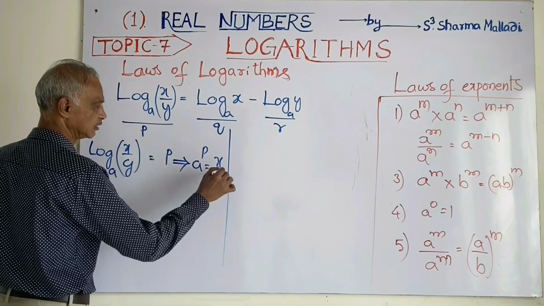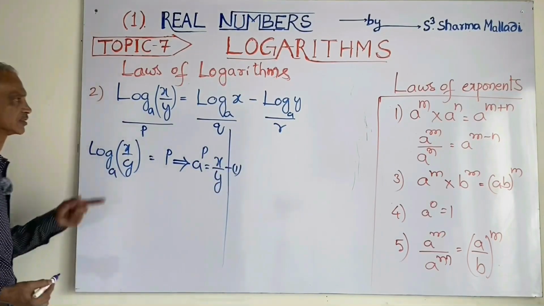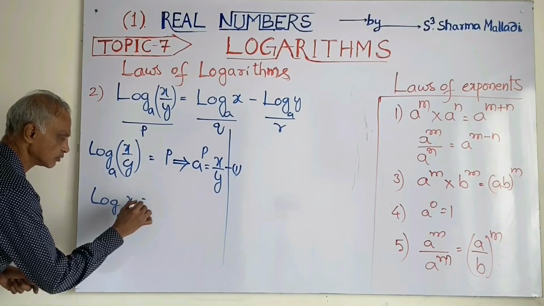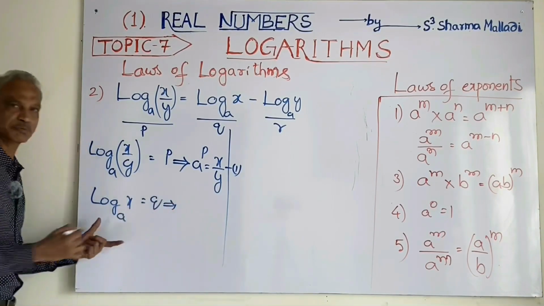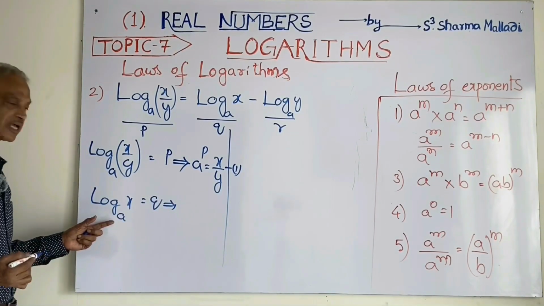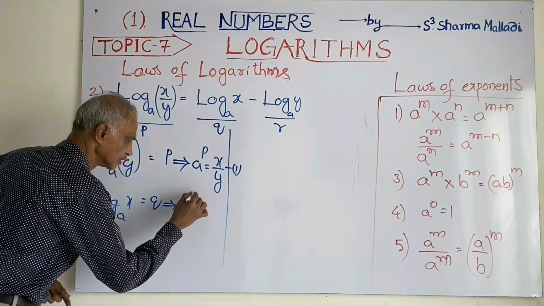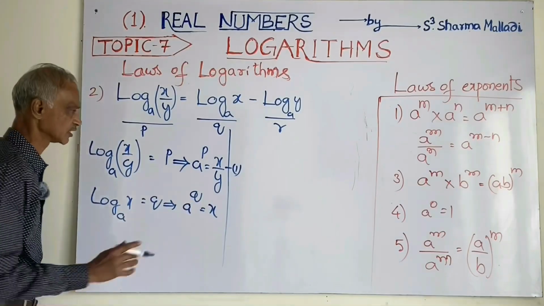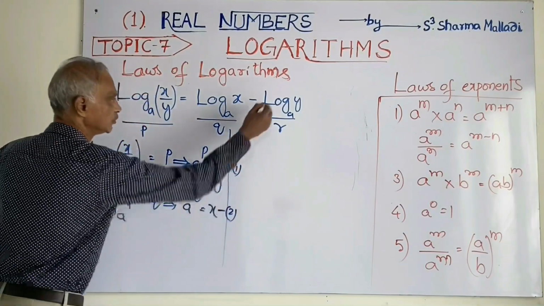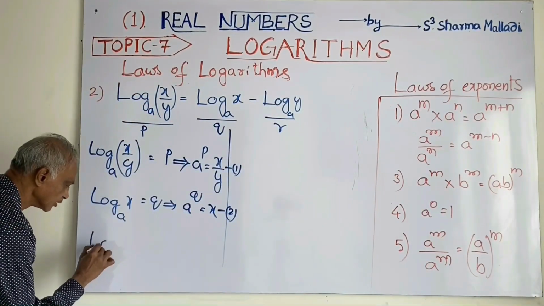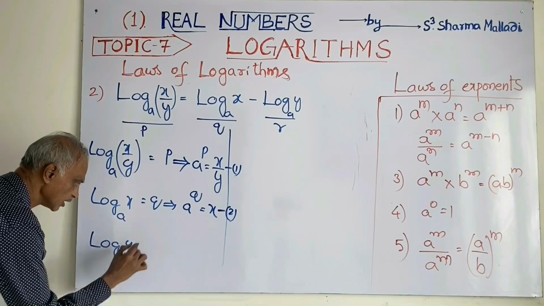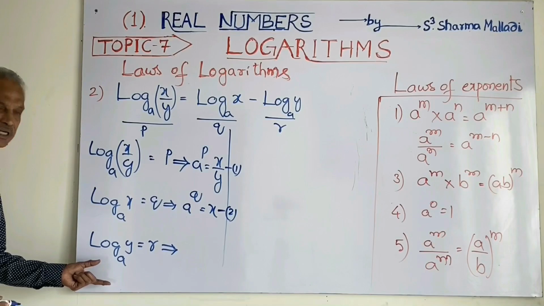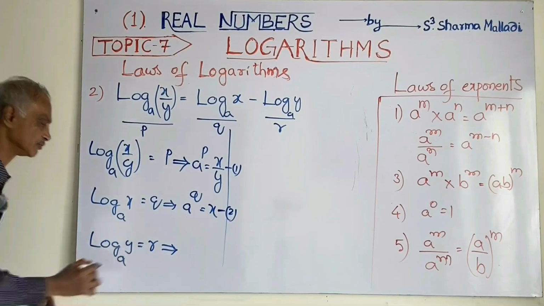This is number 1. Next, you take log x to the base A is equal to Q. In exponential form, it can be written as a to the power of Q is equal to x. This is number 2. You take this one, log y to the base A is equal to R. In exponential form, it can be written as a to the power of R is equal to y.